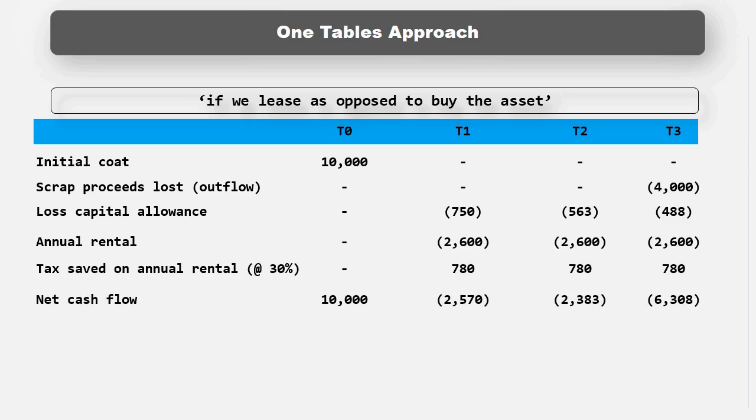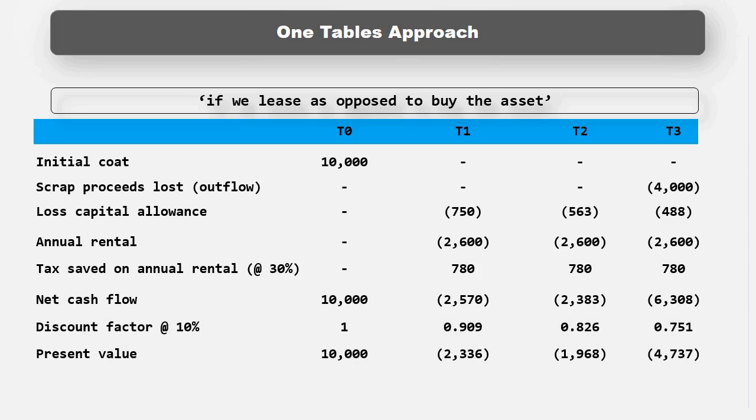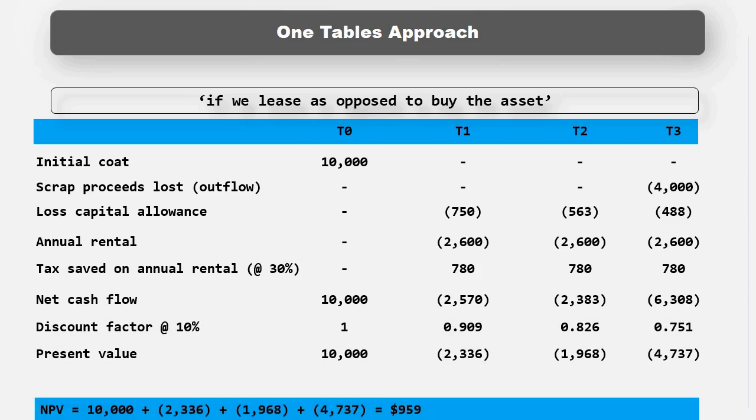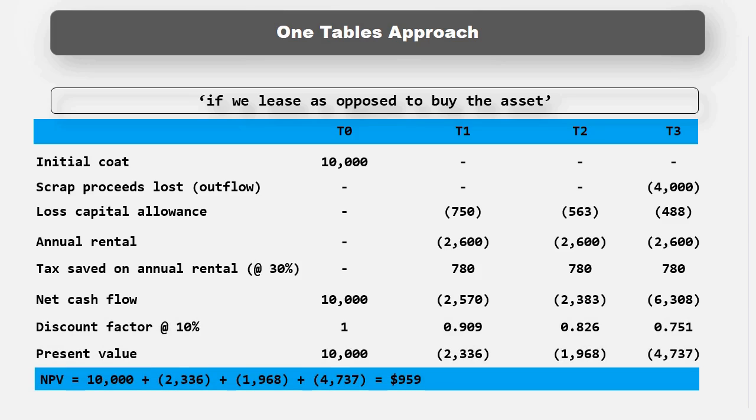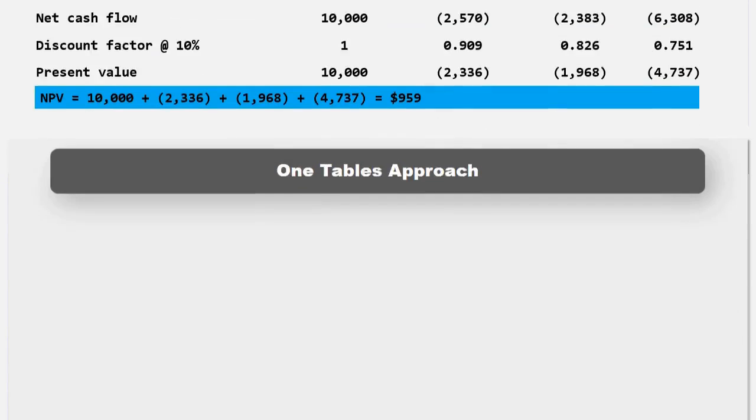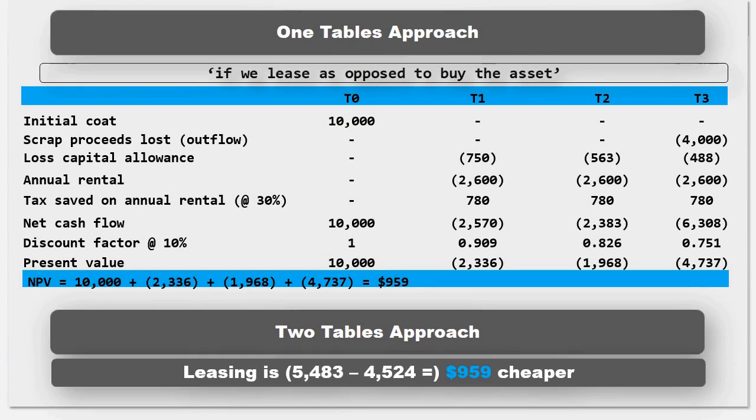We then add up all the relevant cash flows and multiply by the discount factor to give us present values, which we then add up to give us the NPV of leasing as opposed to buying. You'll notice that the answer is the same as before.